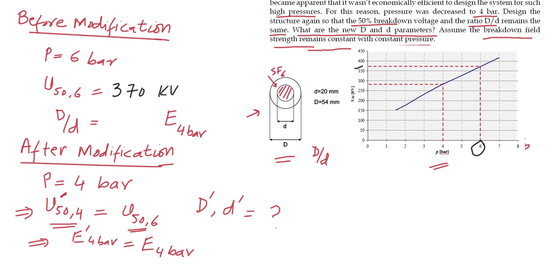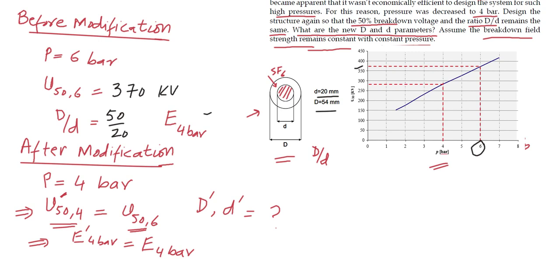And we have capital D 54, small d 20, so this is 54 by 20. Now E at 4 bar we need to calculate.